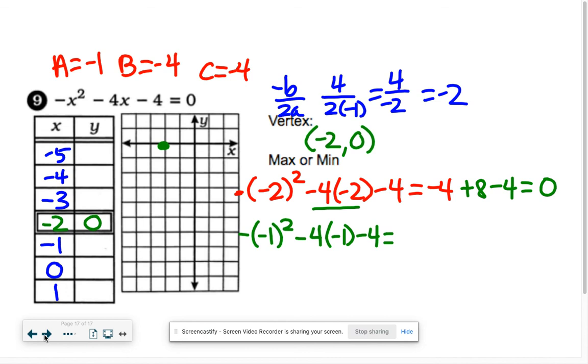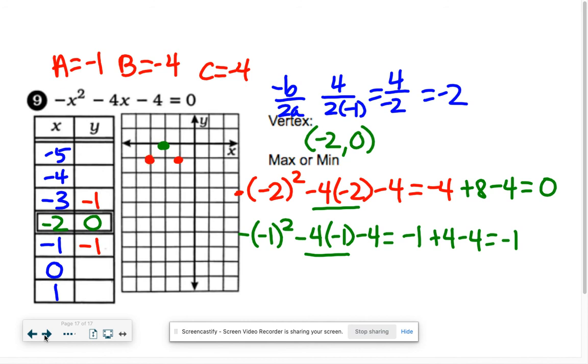Okay, -1 times -1 is positive, but that minus out in front makes it a -1. -4 times -1 is a positive 4 minus 4. So we should get -1 as our final answer. So just remember, if I get a -1 here, I'm also going to get a -1 there. So now we can plot that point.